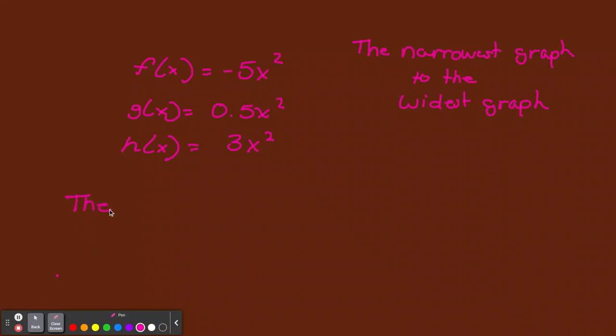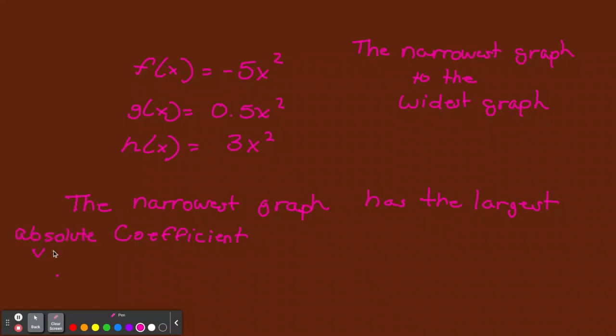The narrowest graph has the largest coefficient. Largest coefficient. And we mean absolute value coefficient.